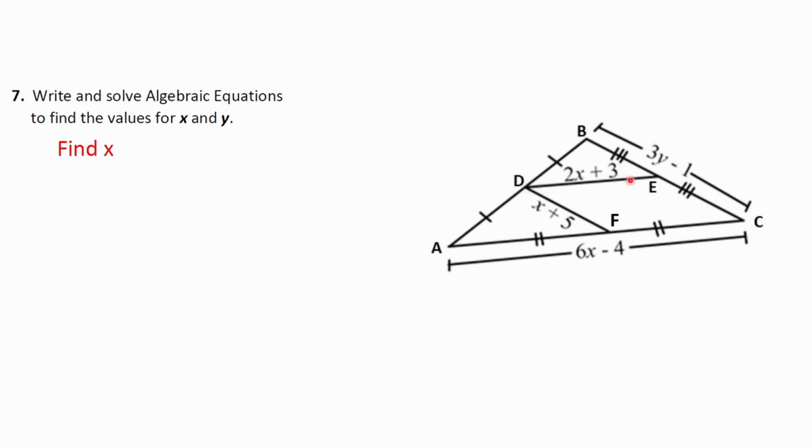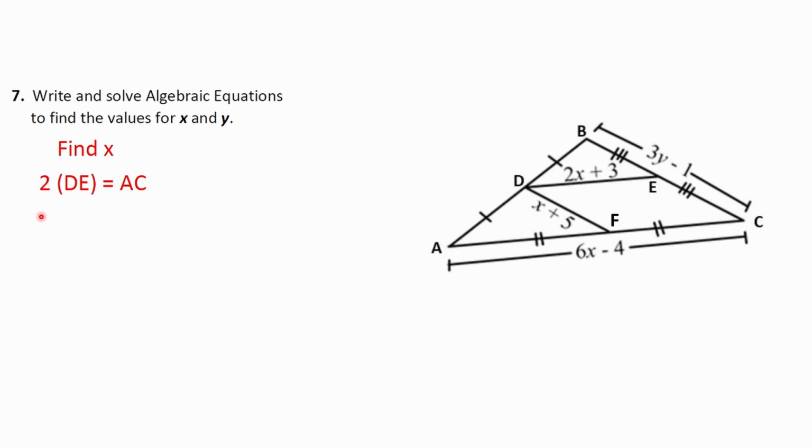If I look at this segment, 2x plus 3, which is segment DE, and then I look at AC, which is the third side, not connected to this mid-segment here. Well, these both are represented with expressions that only have the variable x in them. So that's going to make my life a lot easier because I don't have to worry about that second variable if I look at some way to connect these two.